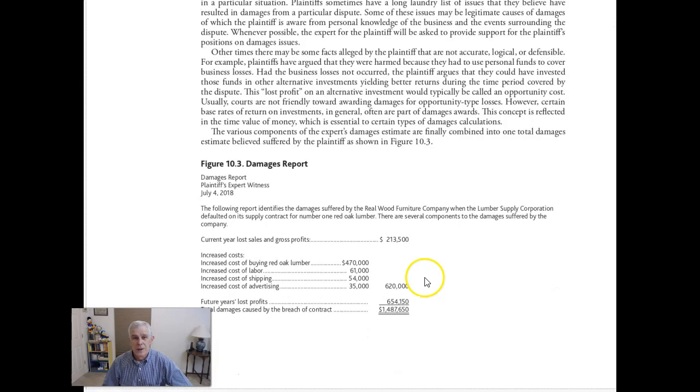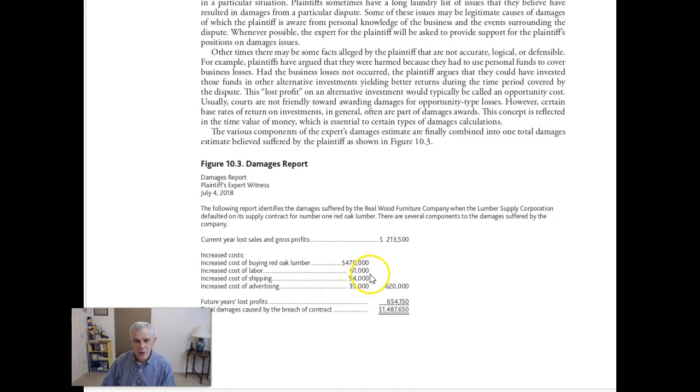Big number, okay? Let's get down. Here's what the plaintiff's expert is going to come up with. Current year lost sales and gross profits, compared to the previous year, came from our first chart for the plaintiff, 213.5. Cost of buying the red oak lumber, remember the extra shipping cost is in here, $470.